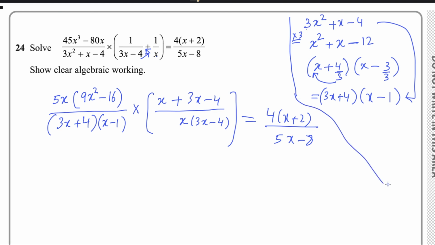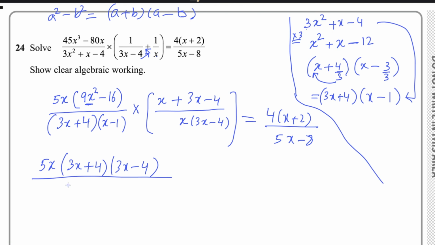Now here you can choose a pair because it is the difference of two squares. This is the square of 3x and this is the square of 4. If you have a difference of two squares, it can be written like that: a + b into a − b. So you must memorize this formula as well. So 9x² − 16 will be (3x + 4)(3x − 4).